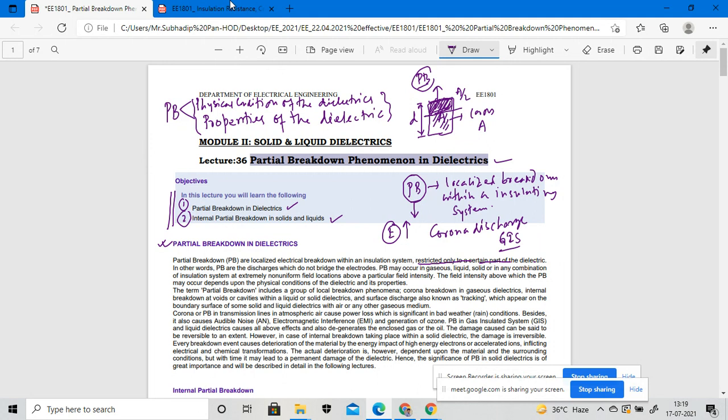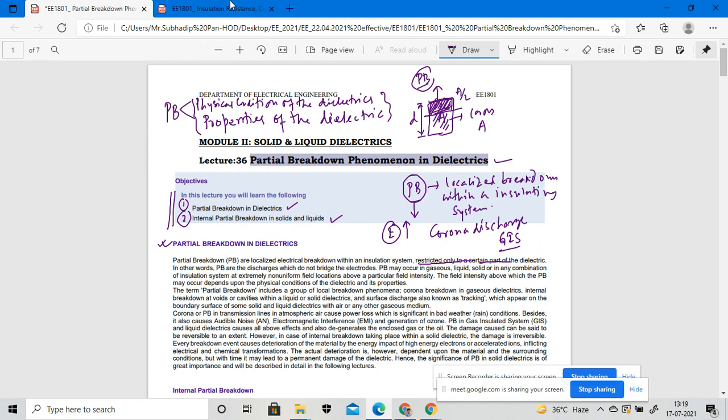Every breakdown event is caused by the energy impact of high energy electrons or accelerated ions, inflicting electrical and chemical transformation. The actual deterioration depends upon the material and the surrounding conditions, but with time it may lead to permanent damage of the dielectrics.